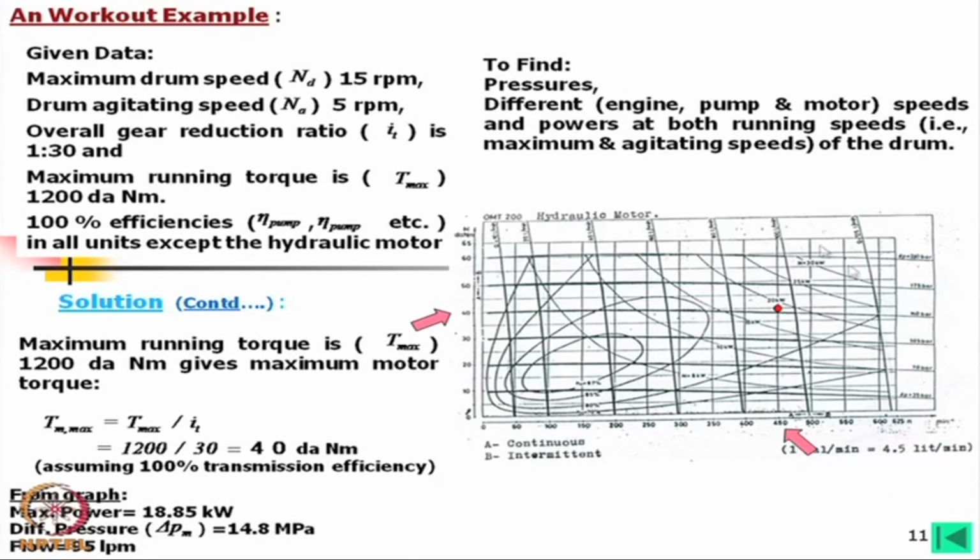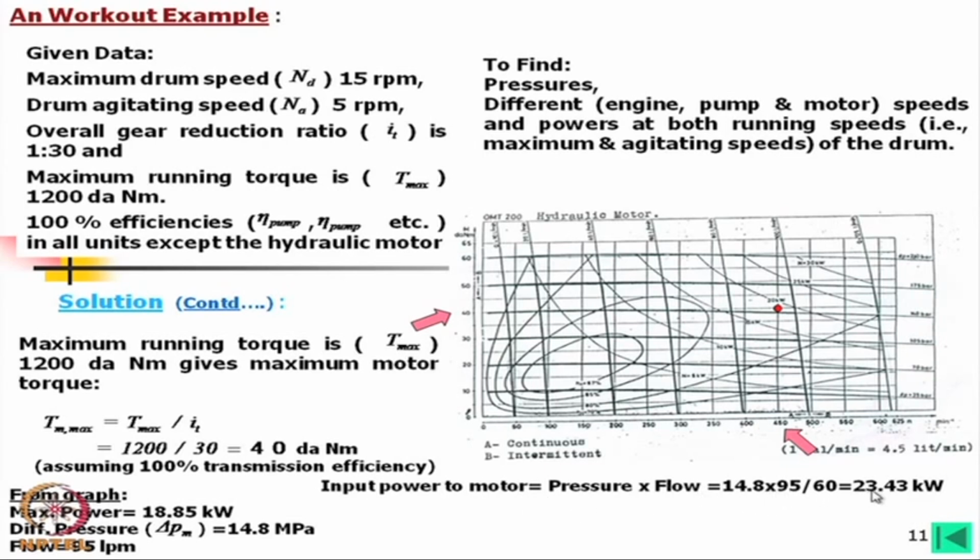However, we know this is the actual characteristics, based on experiments. So we can say that this is the power output, and the flow is 95 liter per minute. How can we find the flow? This is 100 liter per minute and this is 80 liter per minute, and we have estimated 95 liter per minute. Now, the input power to the motor is pressure times flow.